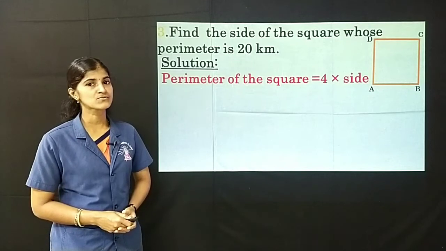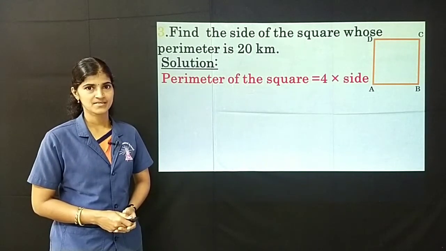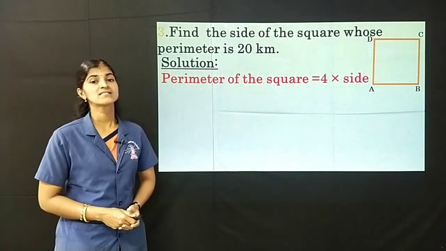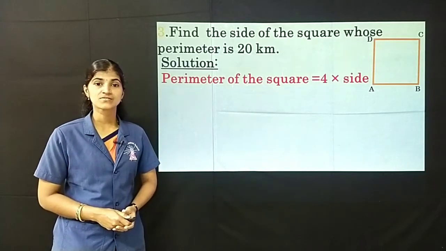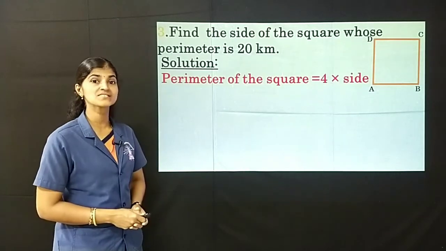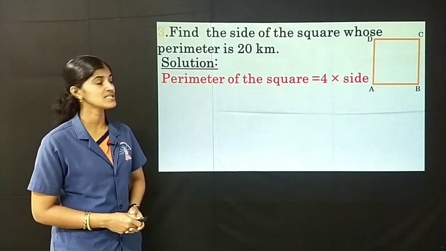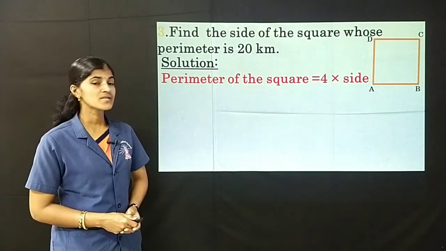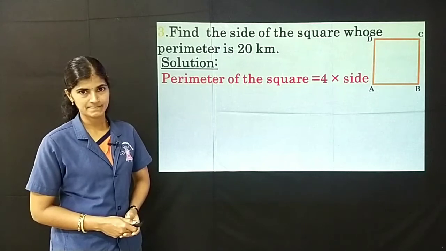So remember the rule of division. How do we decide that this problem is for division? It is many to 1. We know the value of many, that means the perimeter is a larger quantity. We know that perimeter is 20. Now we have to find one side. Right?